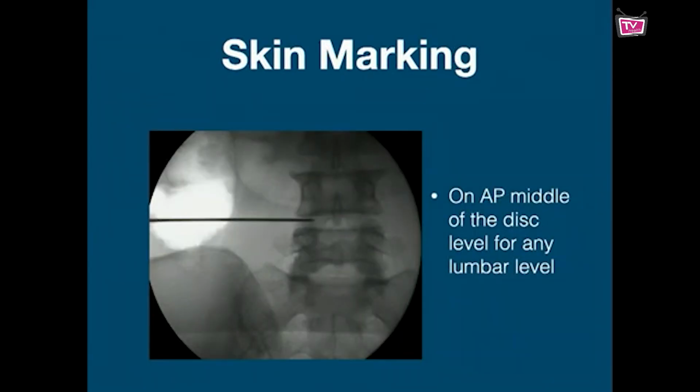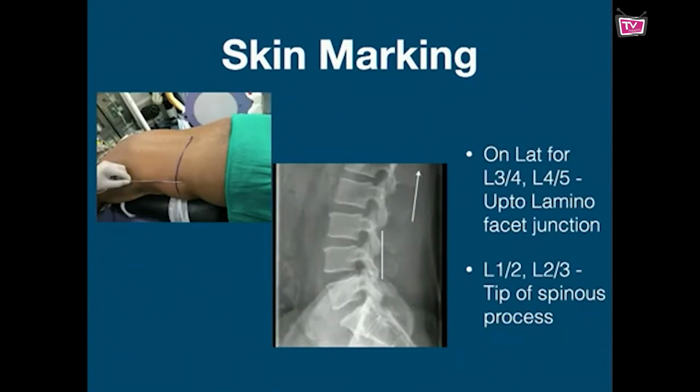This is how you have to have a squaring, and then that has to be in the middle of the disc. Laterally, for the lower levels, L2, L3, 4, 5, you need to have the marking point at the level of the laminofacet junction. At the upper levels, L1, L2, this needle should be here, at the spinous process tip. If you are more below than this level, which is visible on the lateral X-ray, you tend to enter the retroperitoneum or peritoneum.